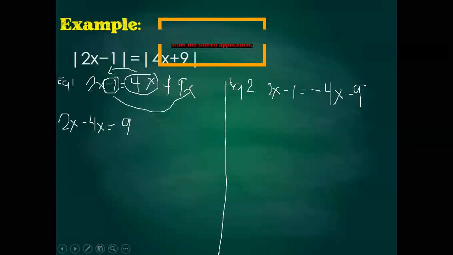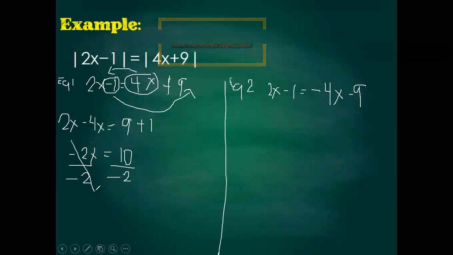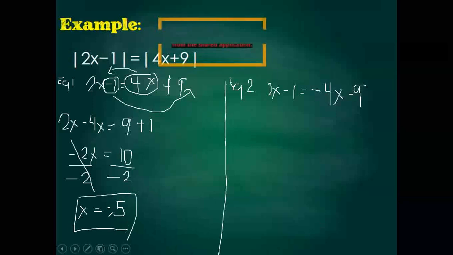Negative 1 transposed to the other side will be positive 1. So 2x minus 4x, negative 2x. 9 plus 1, 10. Divide both sides by negative 2. Cancel. So 10 divided by negative 2, the answer is negative 5. If you want to check it, substitute the value of x to your equation.